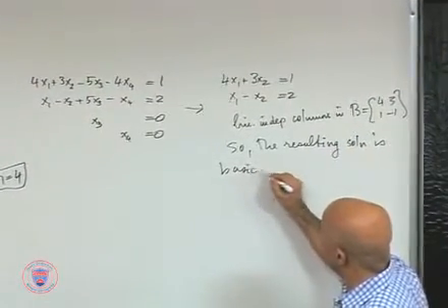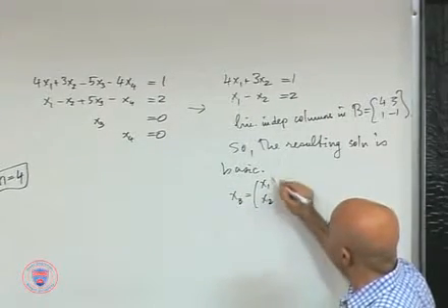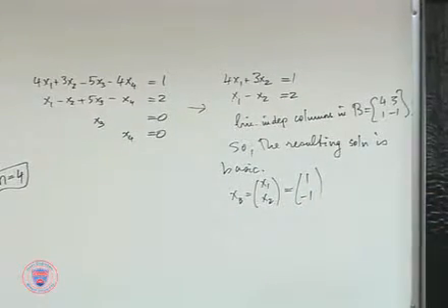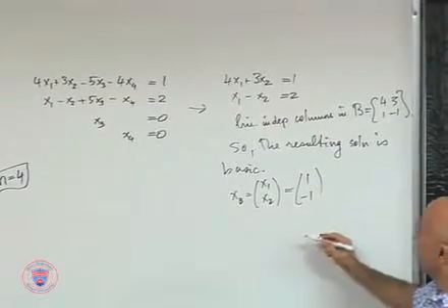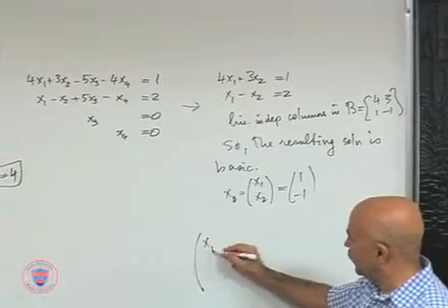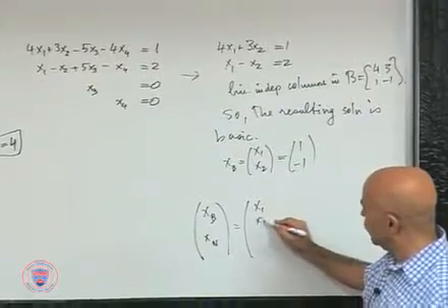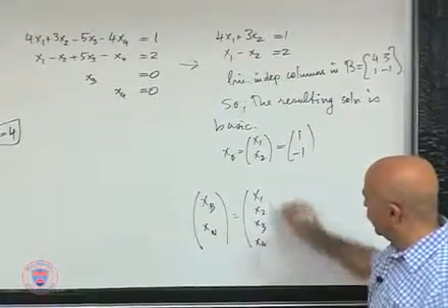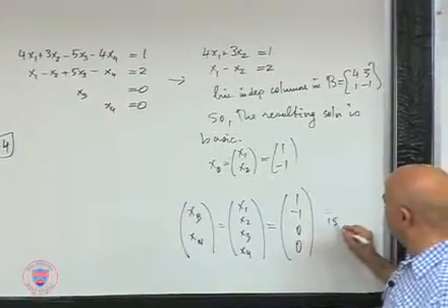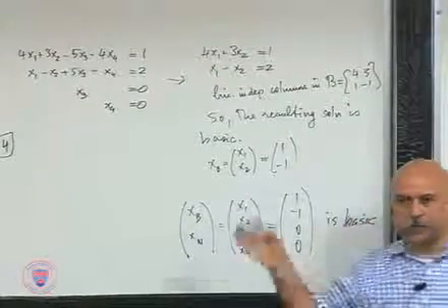What is the resulting solution? xB, x1, x2 equals 1 and minus 1. That's the resulting solution for this part. And for the actual vector, x1, x2, x3, x4, the solution is 1, minus 1, 0, 0. It is basic for the original system, for the 4-dimensional system.